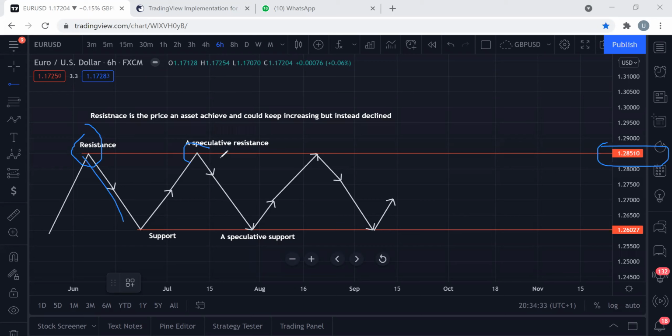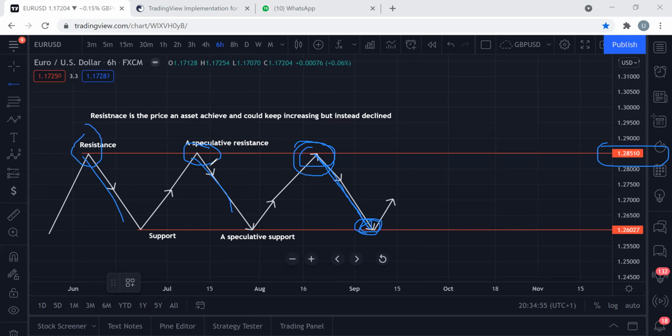The second year, it gets to 1.28510, it declines. If it gets there the third year, as an experienced trader, immediately you see the price at 1.28510, you'll be expecting that it will decline again, because history always repeats itself. So you expect it to decline again.